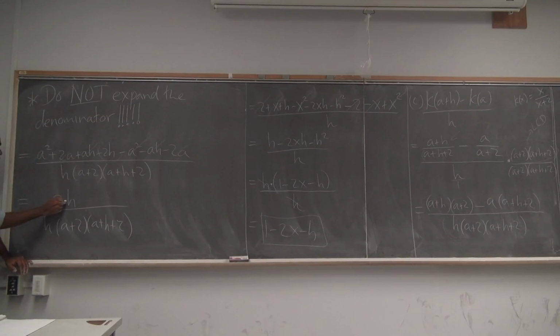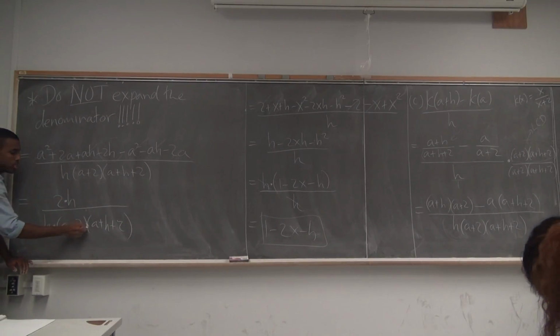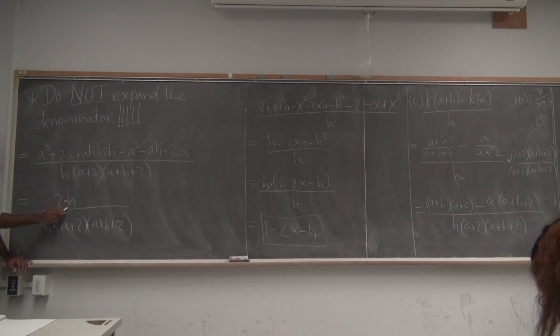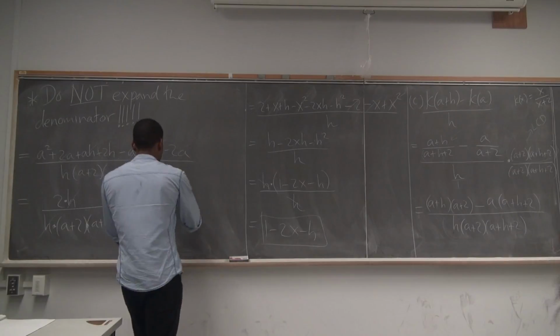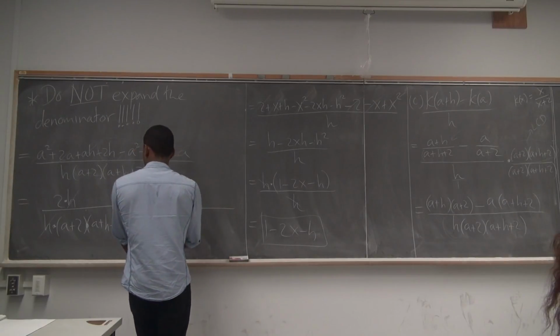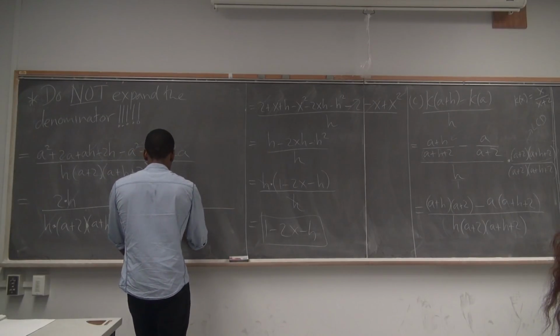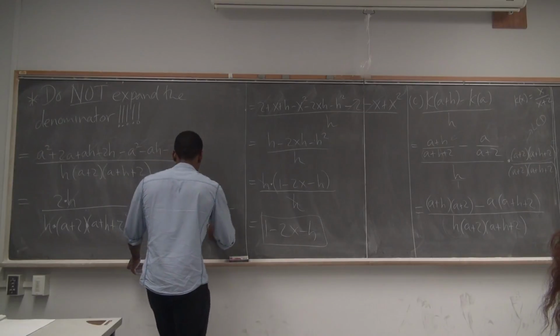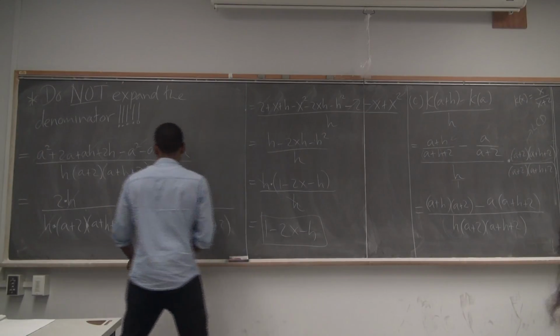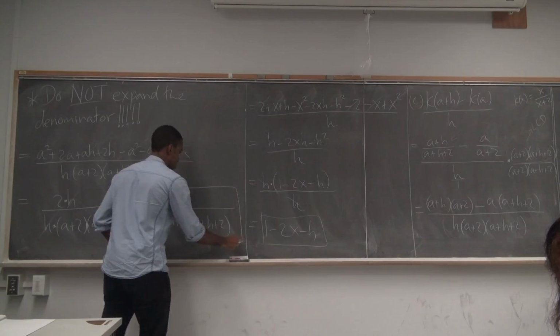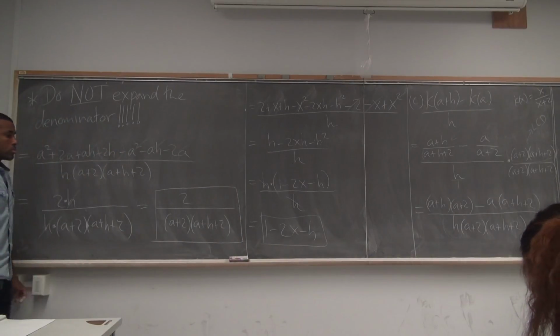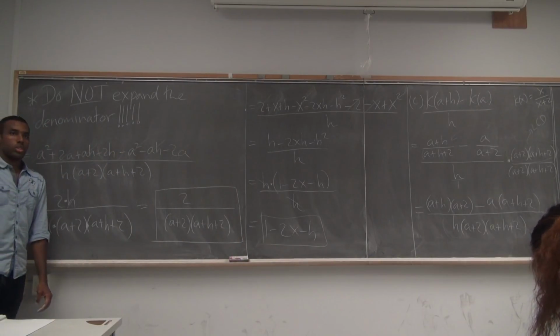Now in the top and bottom, I have multiplications only, so it means I can cancel. So my final answer is going to be 2 over a plus 2 times a plus h plus 2. Questions?